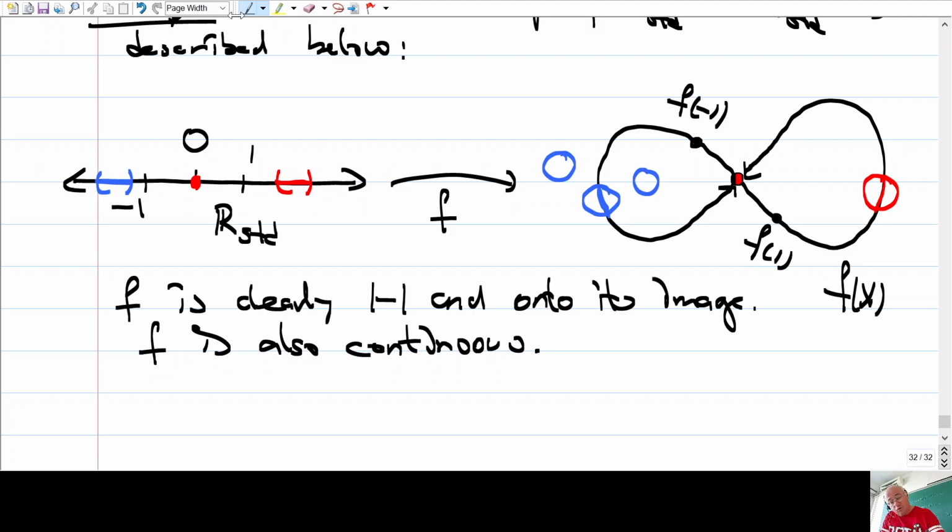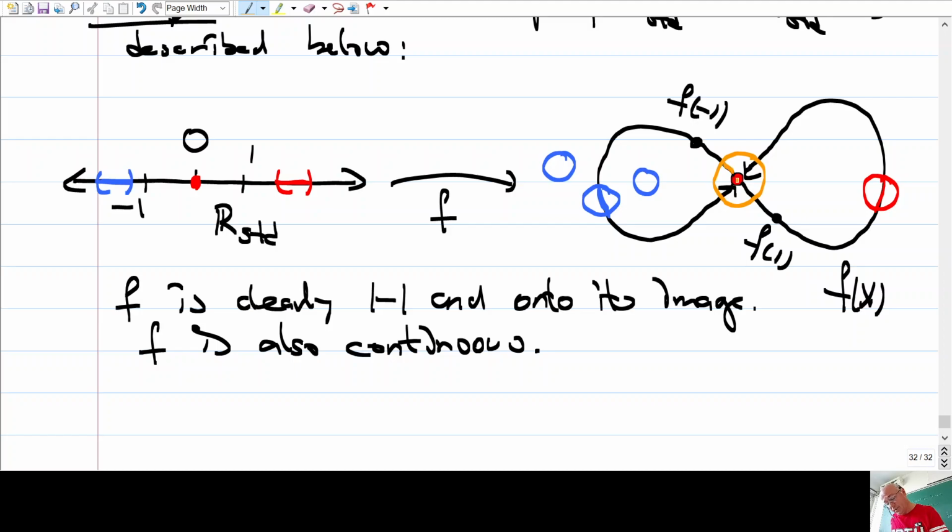I can also consider a third kind of open set. Let's consider an open set around the origin, like this. What will be the inverse image of this? Well, the inverse image has 4 pieces.